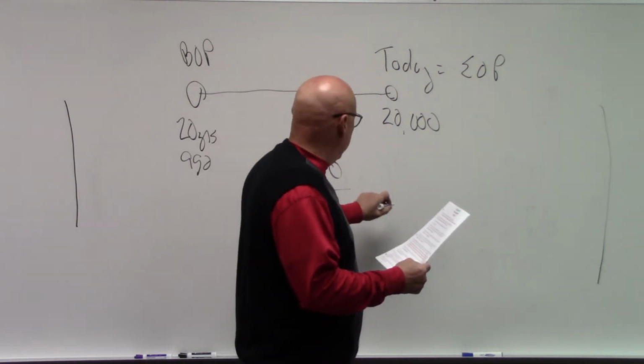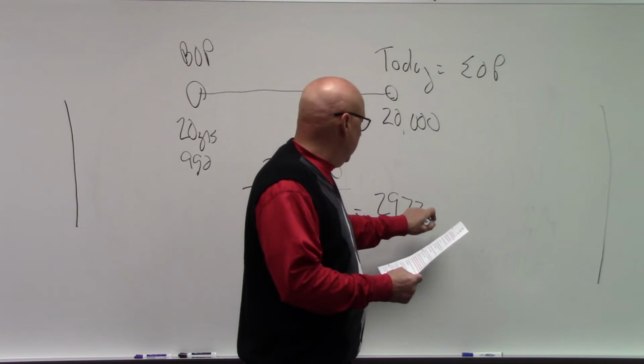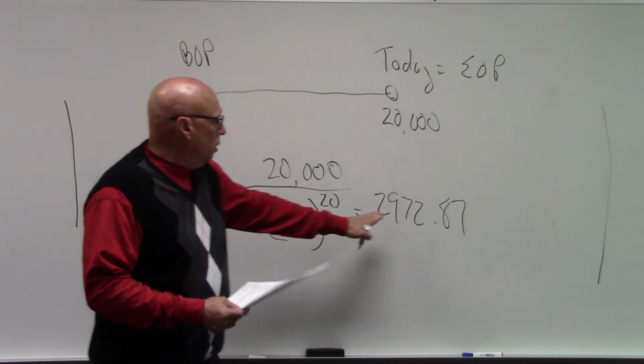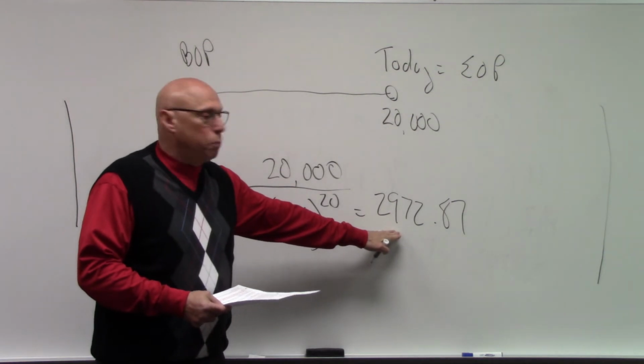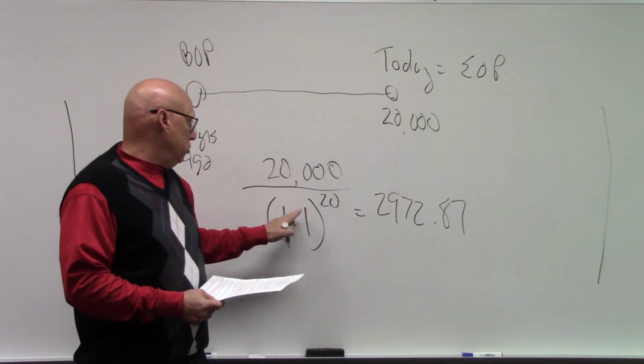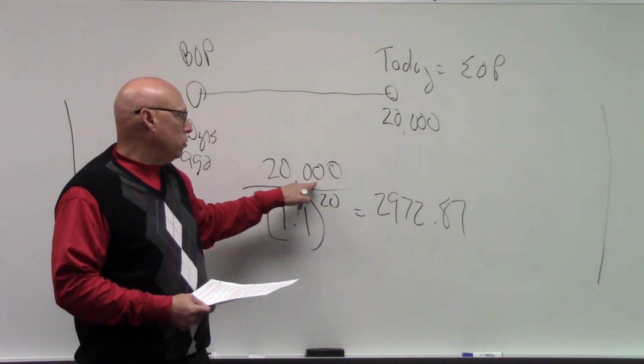And we get 2972.87. So, this is how much money was put into the account 20 years ago. It grew 10% a year for 20 years and became $20,000.